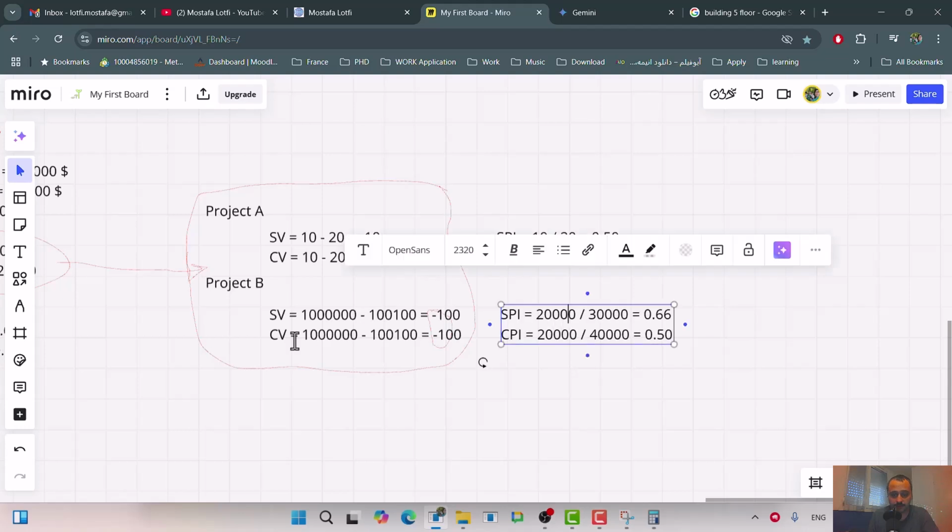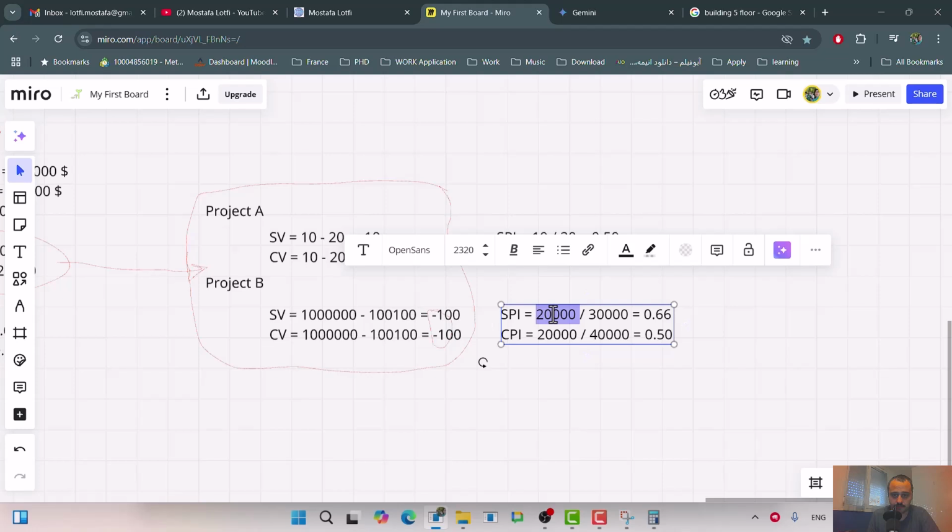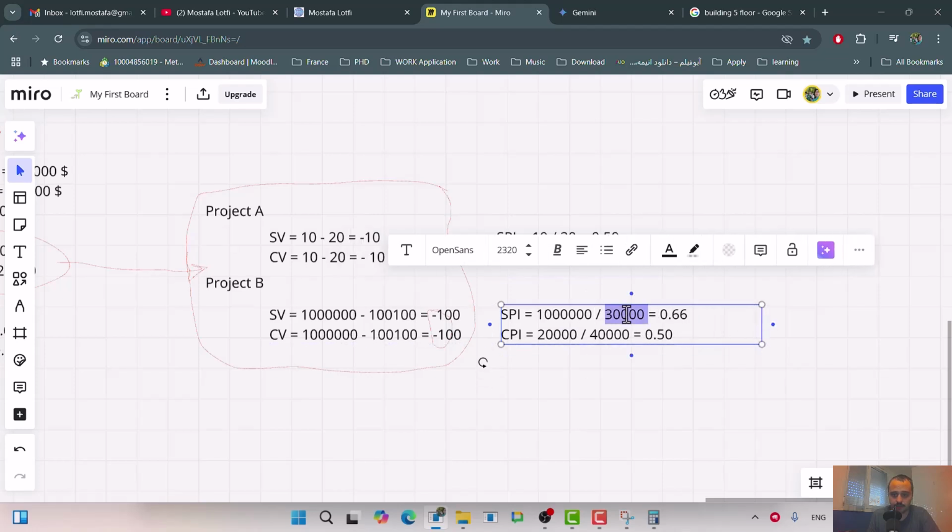For this one, it's 1 million divided by 1,100,000, right?